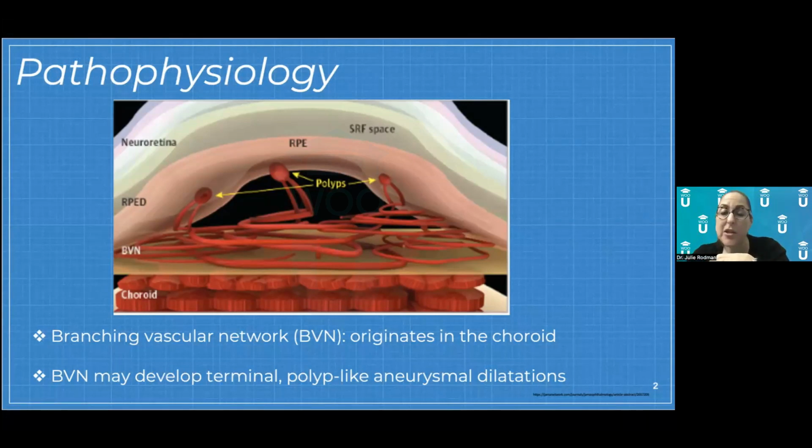Those little polyps are like marbles pushing up on the overlying RPE. And that's why this condition is called polypoidal choroidal vasculopathy, because the polyps are originating in the choroid and they're emerging up into that RPE space.